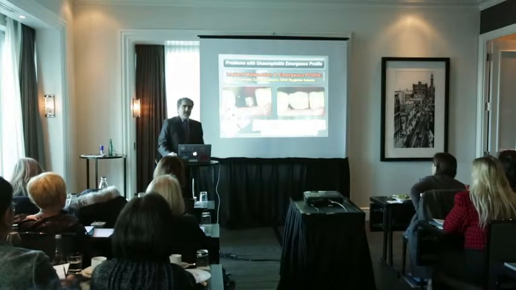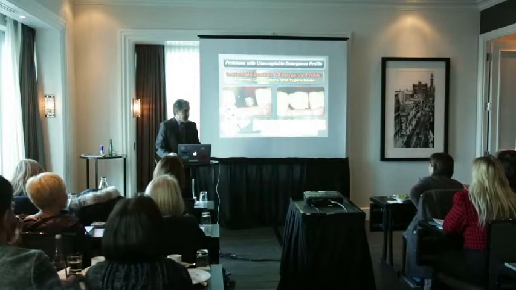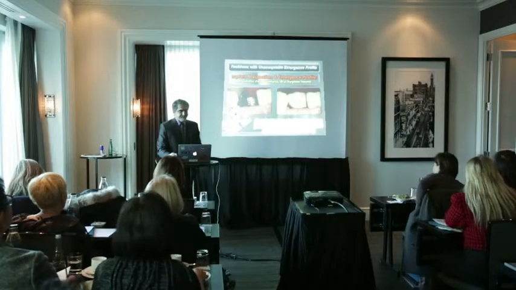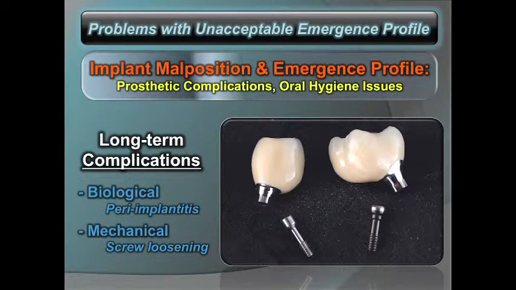Okay, so let's say that we have an implant placed like that. What can be done? In most cases, when we have these sort of misplaced implants, we are going to have both biological complications, including peri-implantitis, and mechanical problems, which are screw loosening and screw fractures.